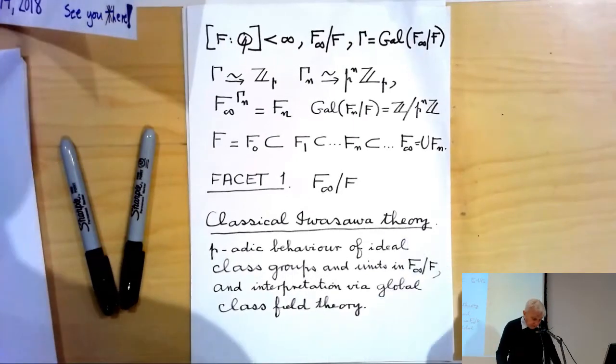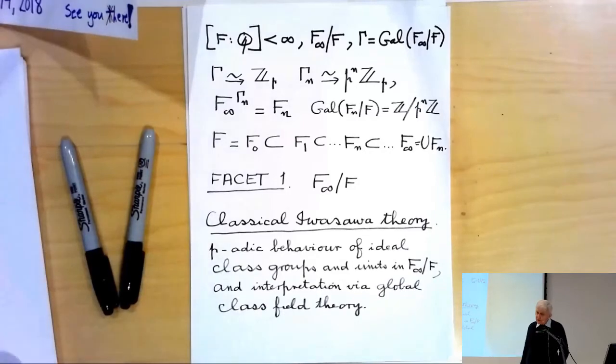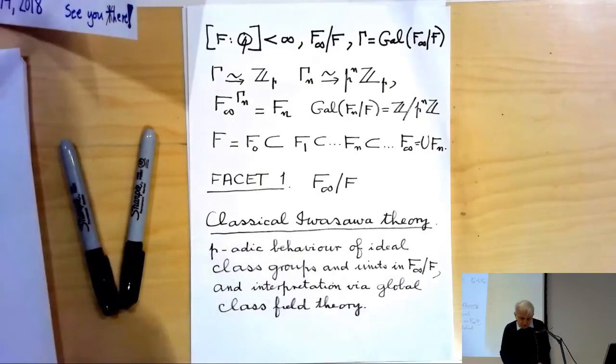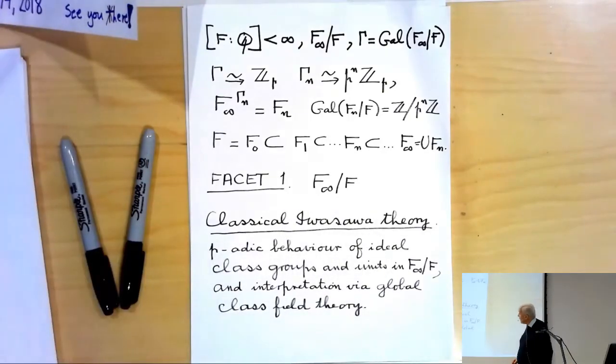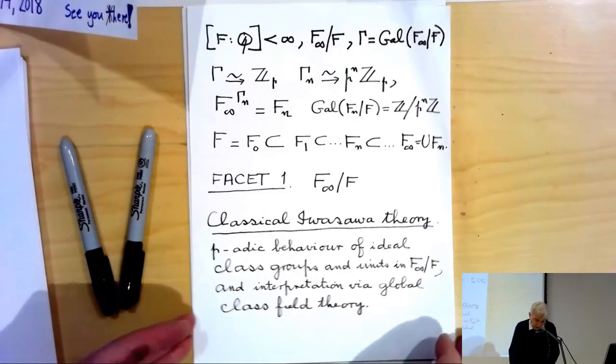And of course, the first facet will be, in some sense, traditional Iwasawa theory, and it has several sides to it. The first one is what I'll call classical Iwasawa theory.